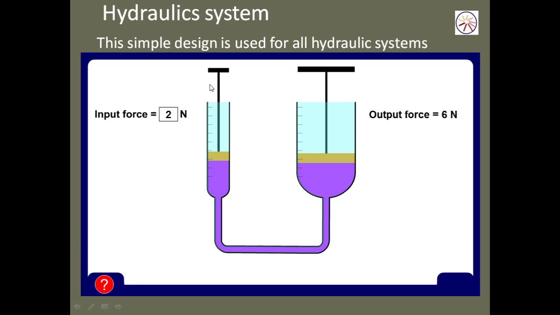Now in this system, this is a piston in a smaller cylinder and then another one in a bigger cylinder. Then inside we have liquid. When you apply a force of, let's say, 4 Newton, which is the input force on this side, it's going to cause pressure to be exerted in the liquid, which will be transmitted to this point and then give out an output force of 12 Newton.